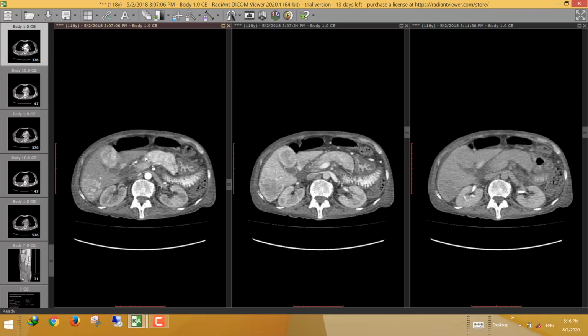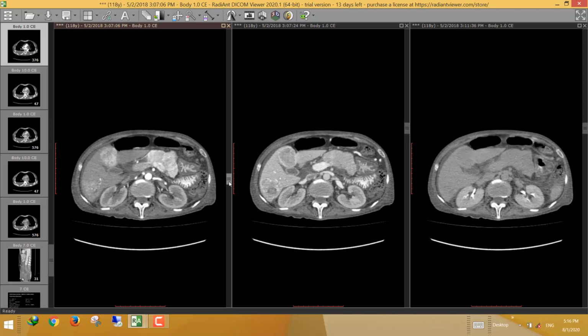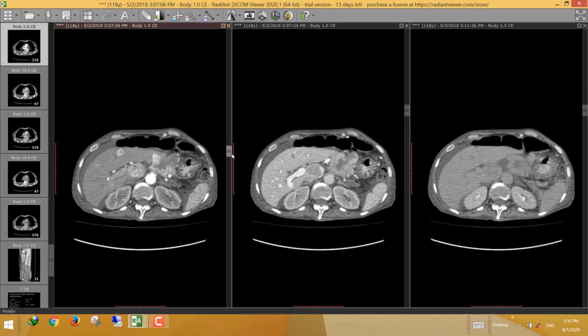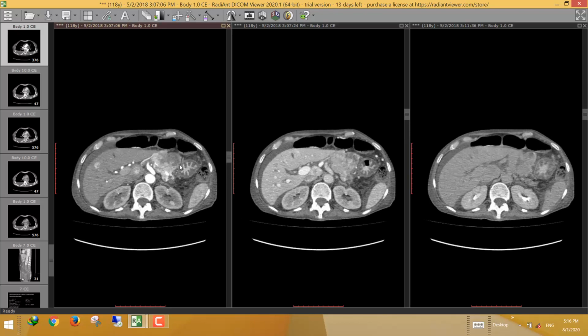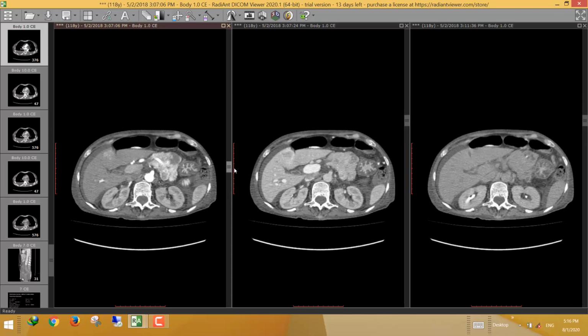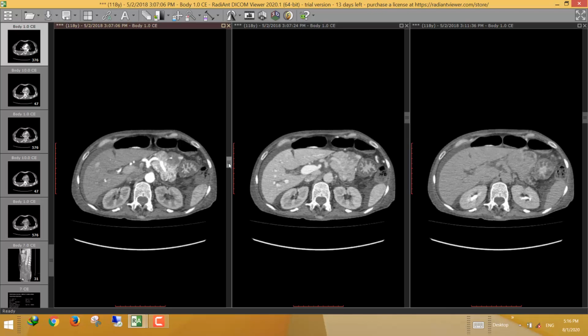So this is likely to be a pancreatic neuroendocrine tumor, and as we know, pancreatic neuroendocrine tumors are either non-functioning or functioning. The lesions that reach a large size like this are usually non-functioning, and these lesions usually have a cystic area of degeneration like this, and may show foci of calcification like this.